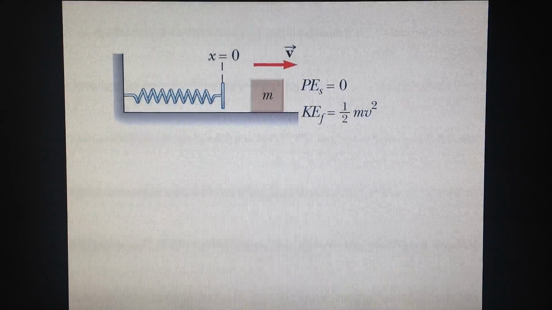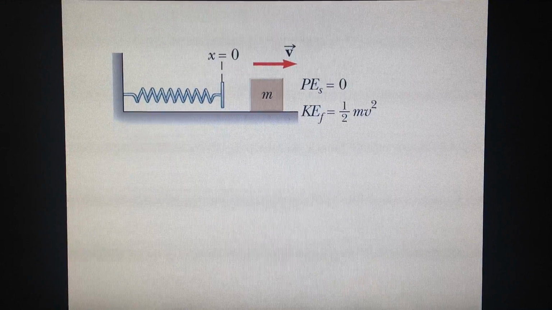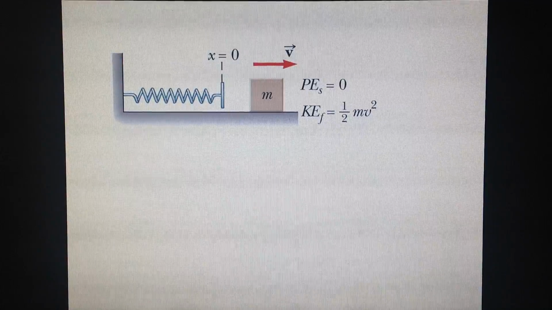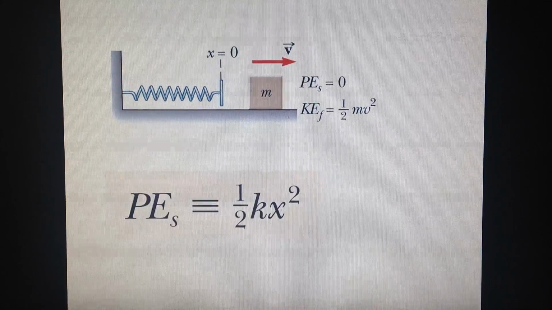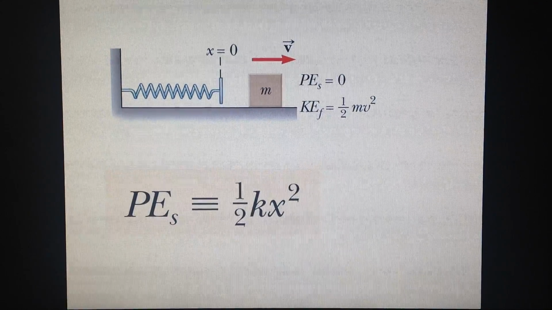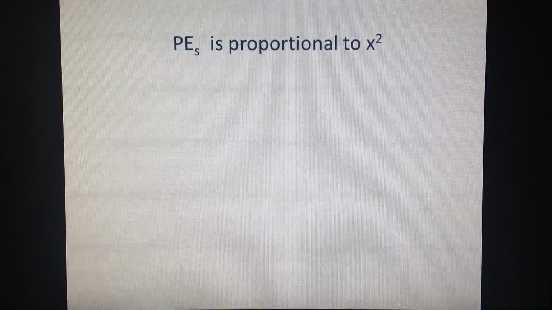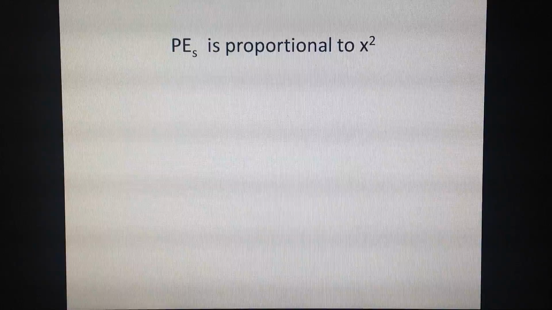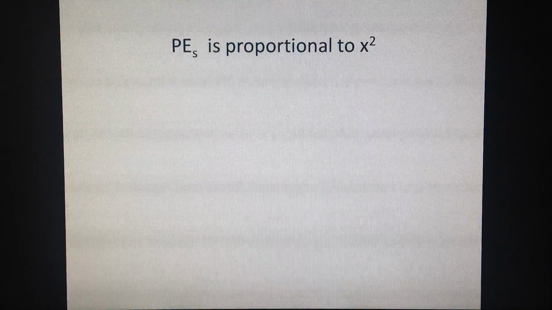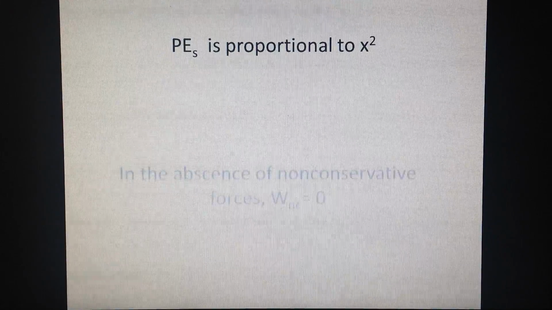The elastic potential energy stored in the spring is 0 when the spring is in its equilibrium position, x equal to 0. Potential energy is also stored in the spring when it is stretched. Finally, because PES is proportional to the square of the displacement, the potential energy is always positive when the spring is not in the equilibrium position.